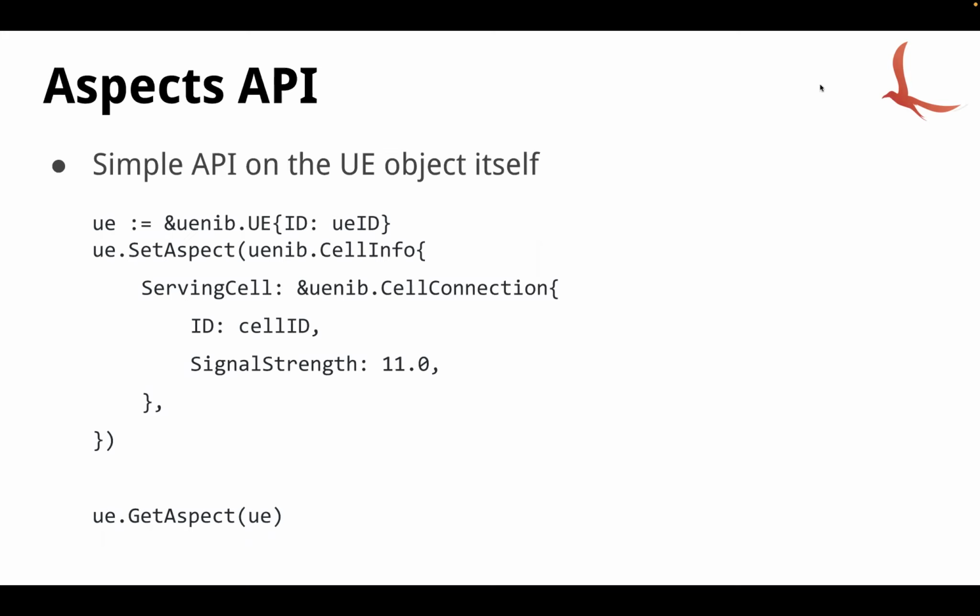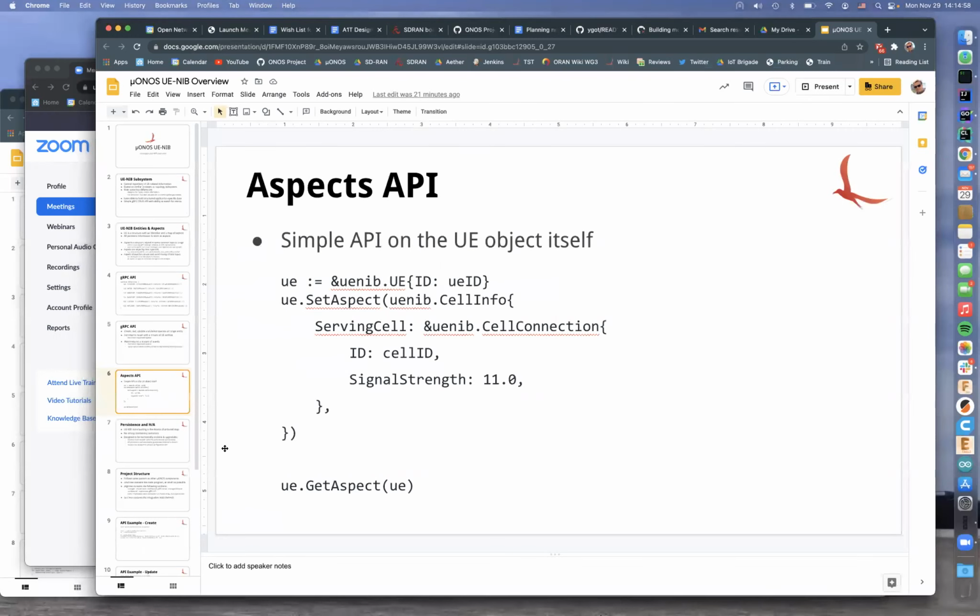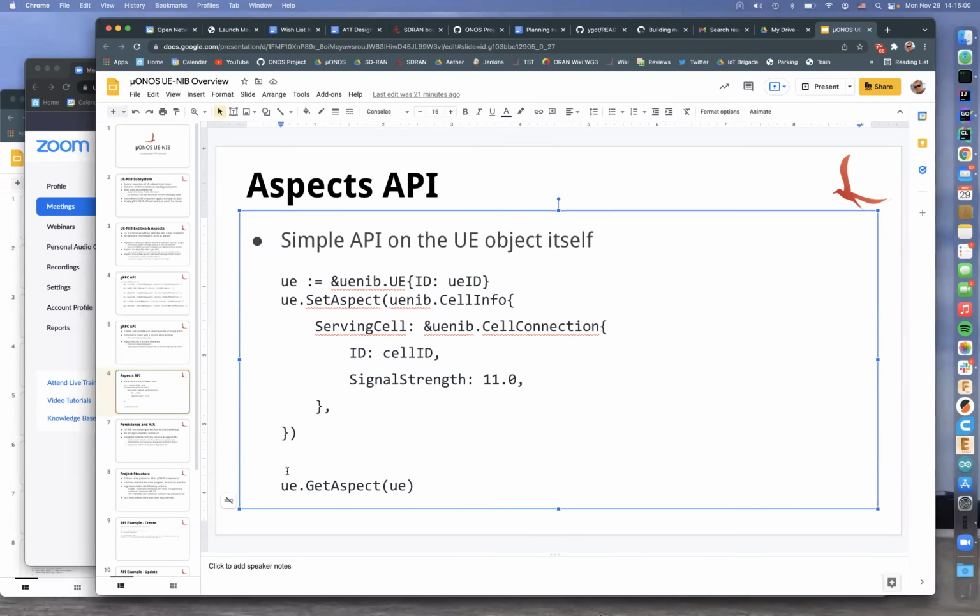No, that's a mistake. Let's say you wanted to retrieve a cell connection. That's an omission. You would have to do UE-NIB cell connection. Let's just fix it right here. You would do UE.